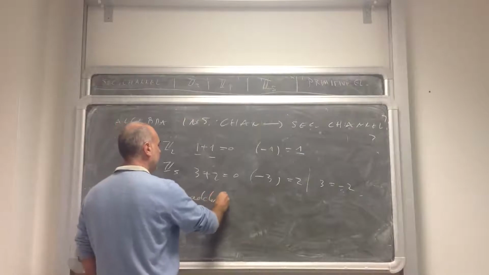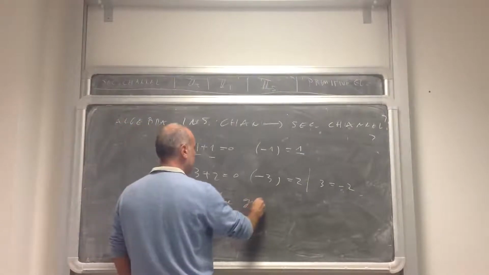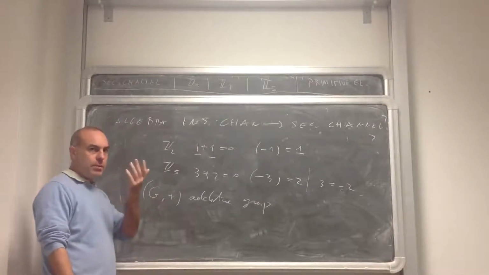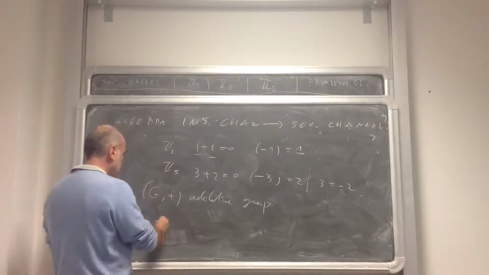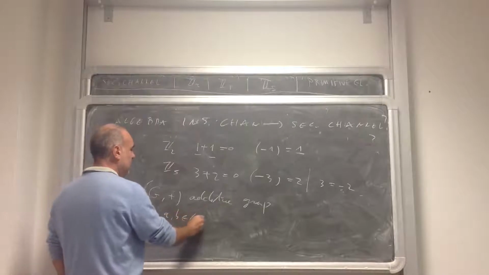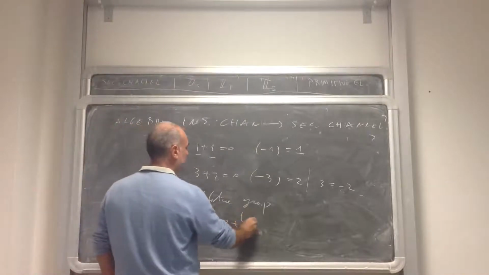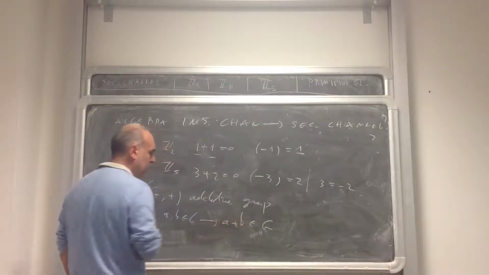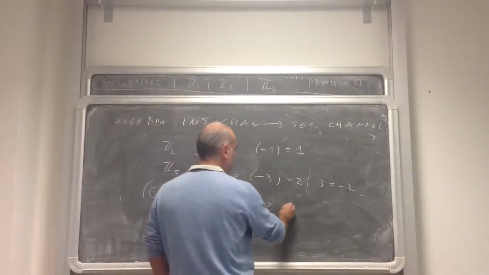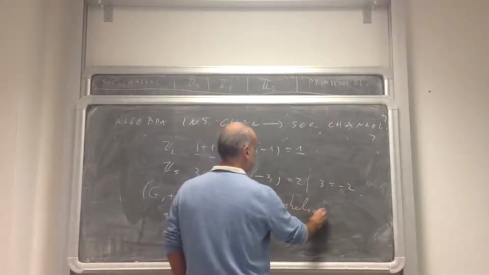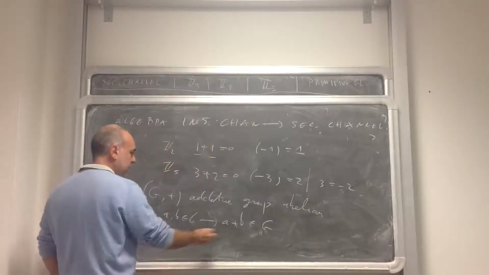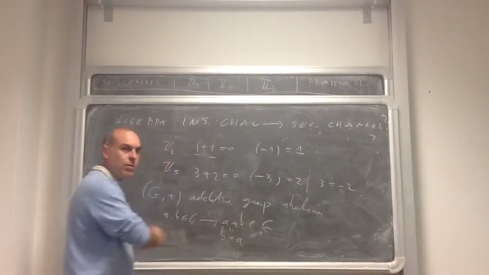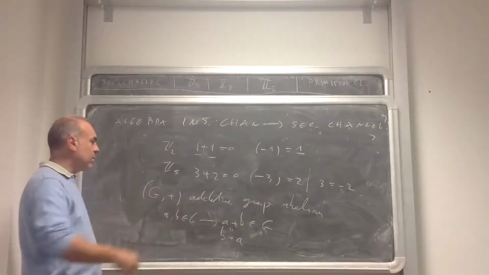So what is an additive group? An additive group is a set with an operation which is called a sum or addition, and for any two elements you get with this operation another element. This group is also called abelian, because A plus B is equal to B plus A. So we have this operation which is commutative.